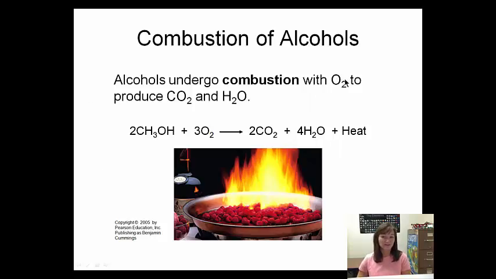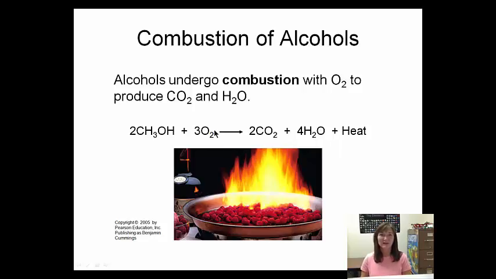Alcohols undergo combustion with oxygen to produce carbon dioxide and water. Here is a reaction showing methanol. This isn't a very good picture to go along with this, because when you're doing flambés, they are not using methanol, they're using ethanol. But the actual formula here is looking at methanol reacting with oxygen.